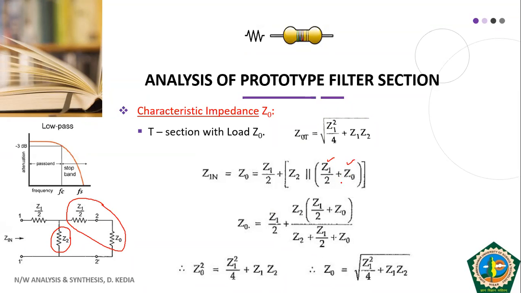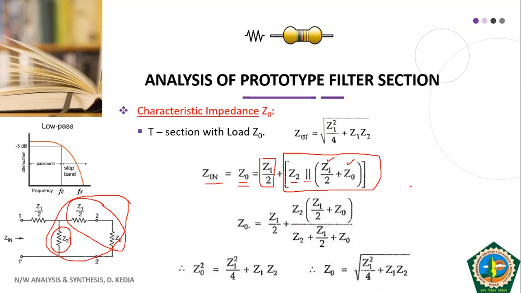That's why they are added. This is in parallel with Z2, and this entire thing is in series with Z1 by 2. So you see, this entire thing is added with Z1 by 2. Okay, and this input impedance we have made equal to Z0.